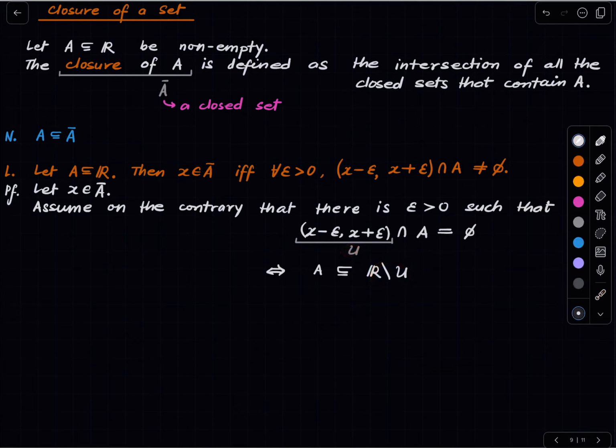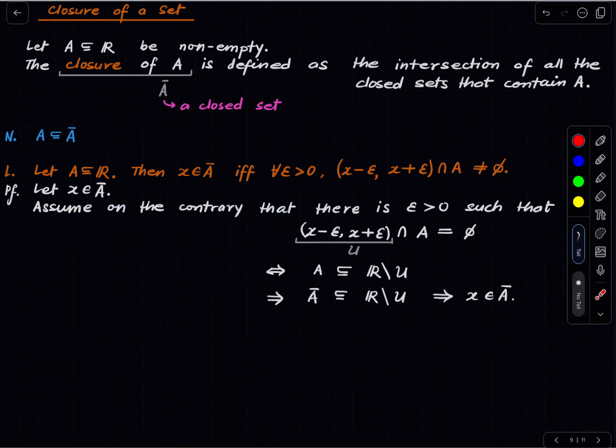So this implies that the closure of A is also contained here. The closure of A is the intersection of all the closed sets which contain A, and this is one closed set that contains A. So the closure will be contained here. But this implies x is not in A closure.